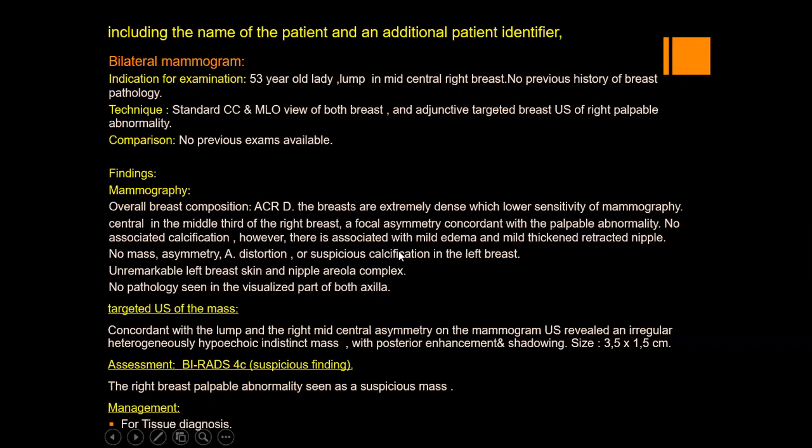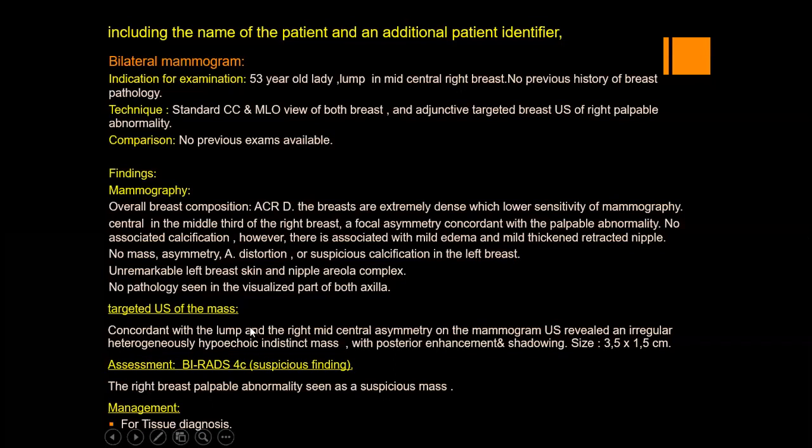However, there is associated mild edema and a thickened retracted nipple. No mass, asymmetry, architectural distortion or suspicious calcification in the left breast, unremarkable left breast skin and nipple areolar complex, no pathology seen in the visualized part of bilateral axilla.